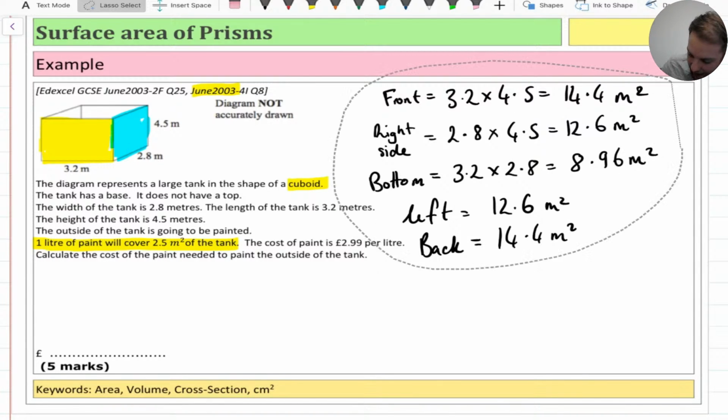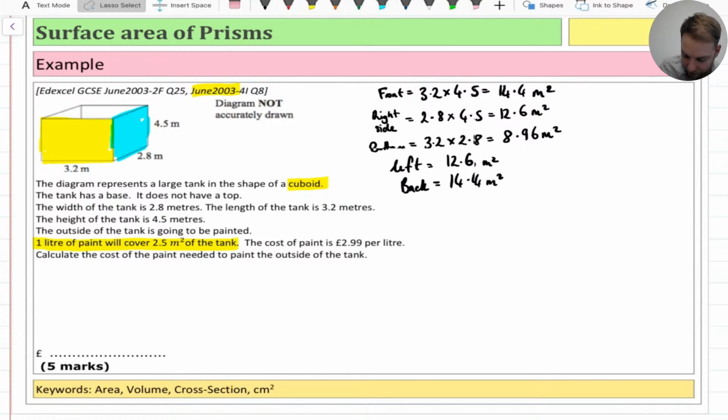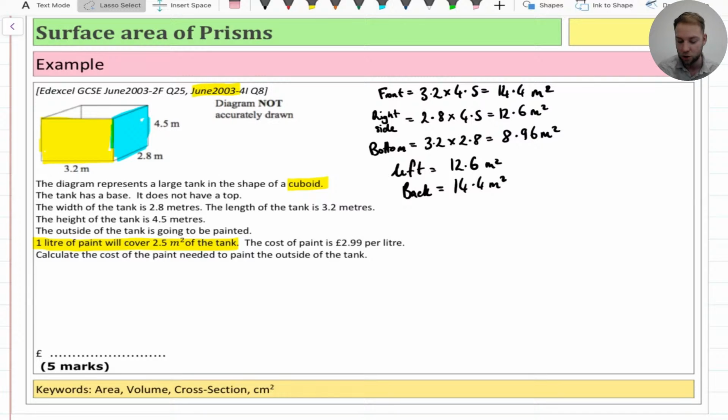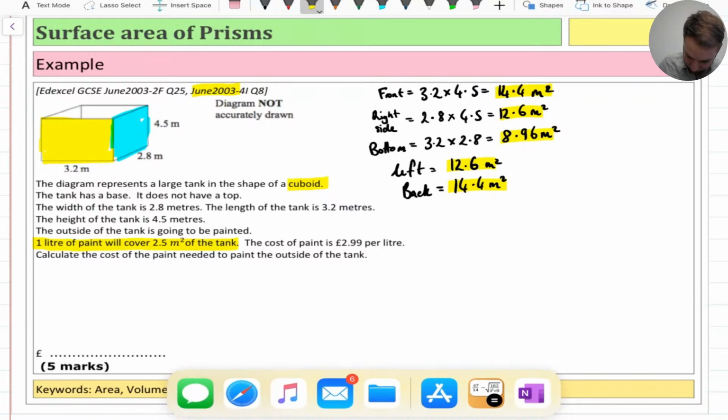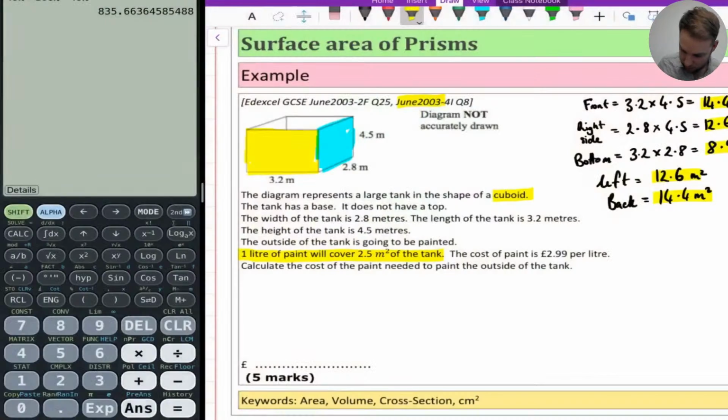Now, don't forget, I haven't included the top because it's got an open top, and that's where this question gets a little bit tricky. You can't just times by 2. So I'm going to add all of these together.